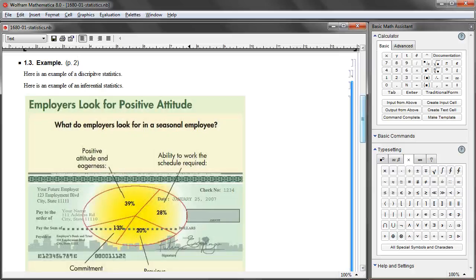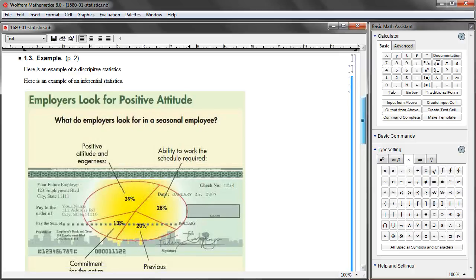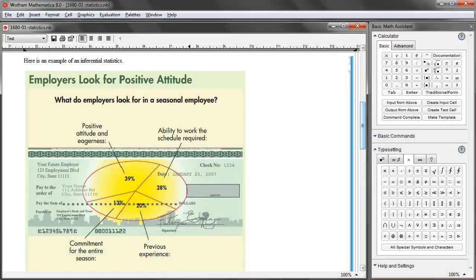I labeled it as an example of an inferential statistic. What is the difference here? What do employers look for in seasonal employees? Positive attitude and eagerness, 39%, ability to work the schedule required, 28%, and so on and so forth. And we have a pie chart instead of a bar graph.